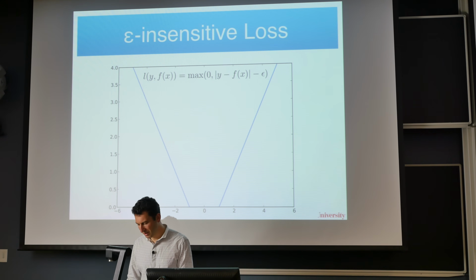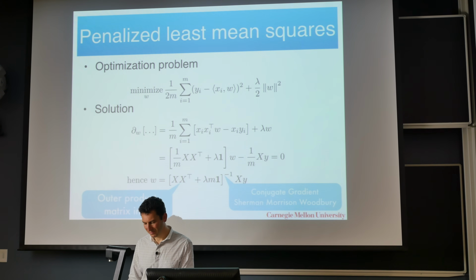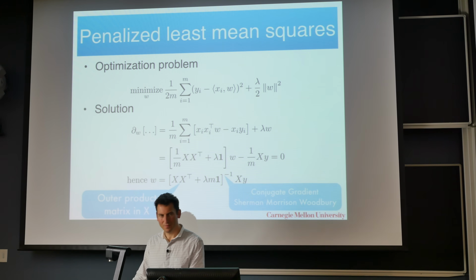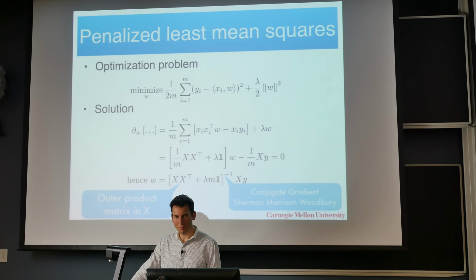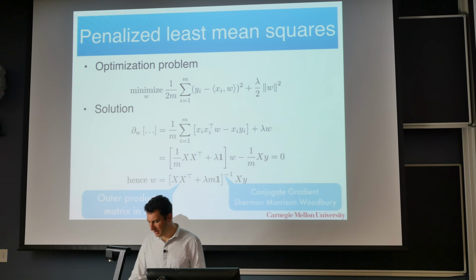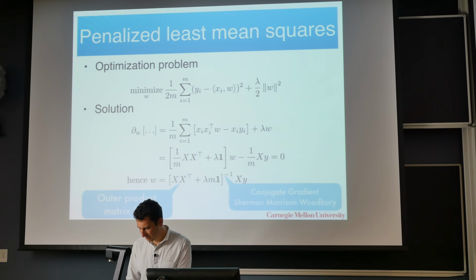And so now you can just write out an optimization problem. Okay, so the optimization problem is actually very simple. It's basically minimize the sum of (yi minus w.xi) squared, and then I have just the additional quadratic penalty.